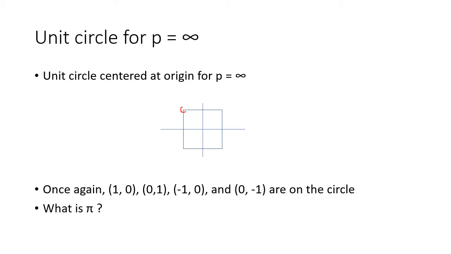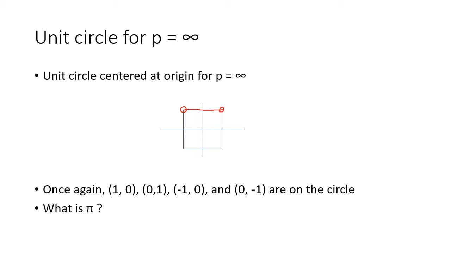So from this corner to this corner, we've traveled from (negative 1, 1) to (1, 1).